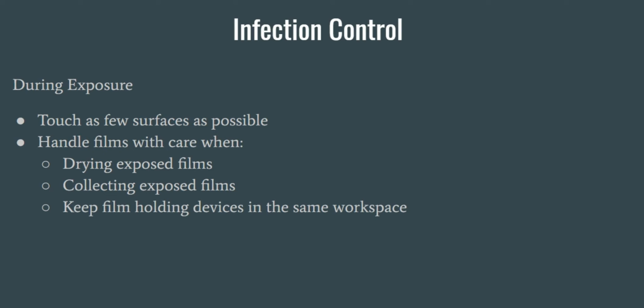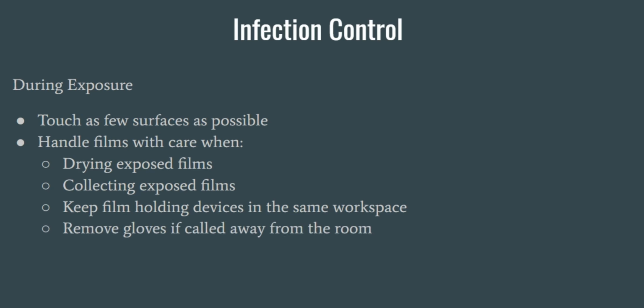You want to keep the film holding device in the same workspace. So you should go from the workspace directly to the patient's mouth, directly back to the same workspace. The film holding device shouldn't be placed all around the room.